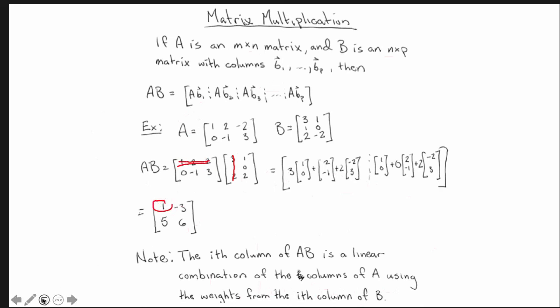And if I went blue and here, that would give me my second entry, and so on. The only reason to do that is that as you get into larger matrices, it becomes easier. This, I think, makes a lot more conceptual sense, but it can be cumbersome to write down.